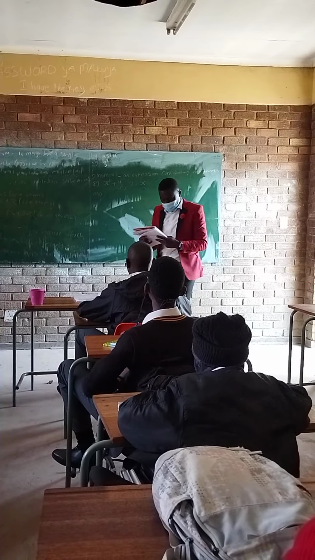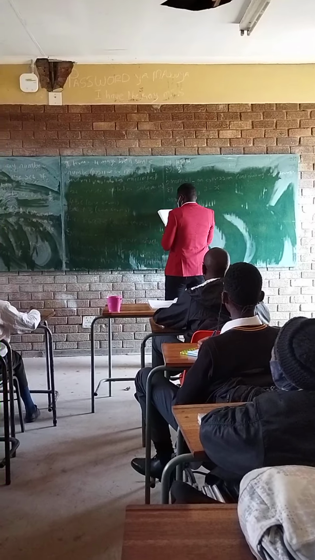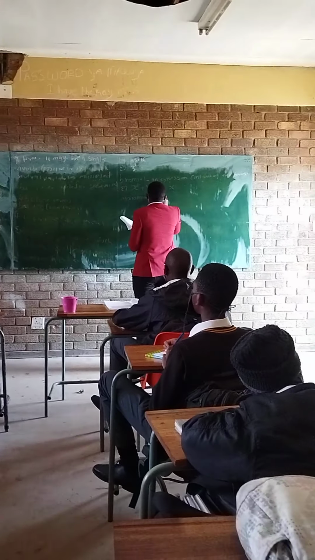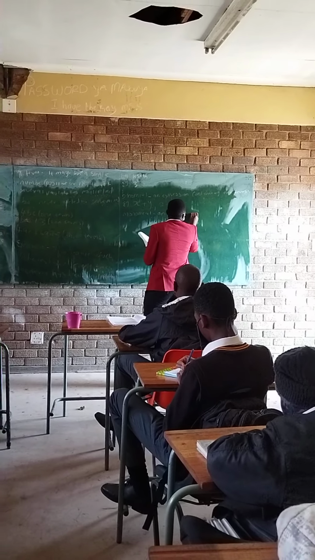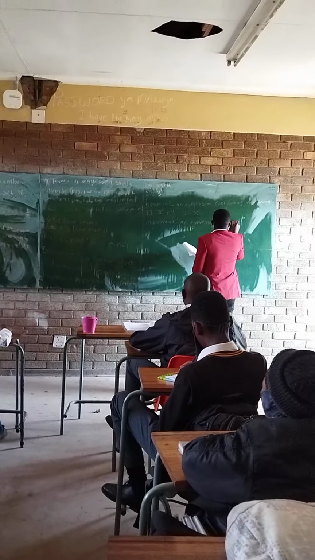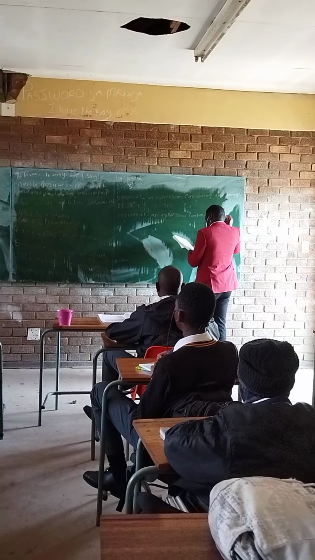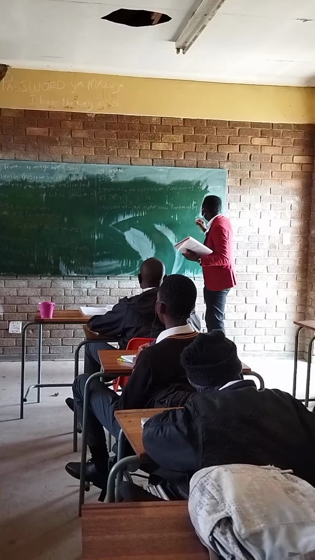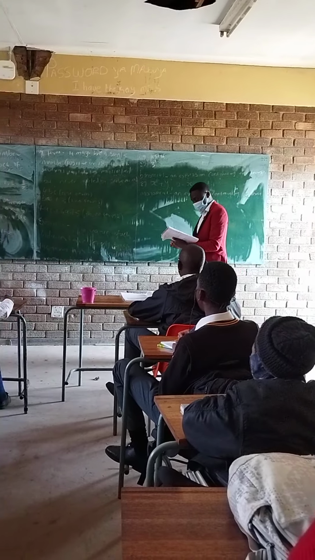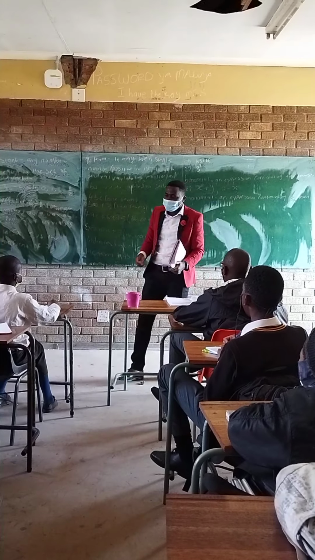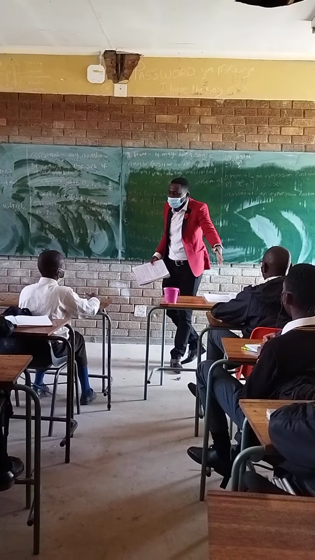Monomial is an expression containing one term or single term. Just like you, if maybe you were saying Sanel, Sanel is monomial because he's alone. He's sitting alone. You understand?